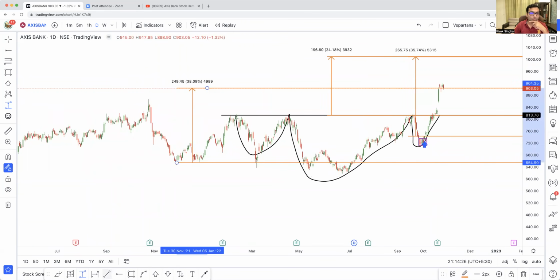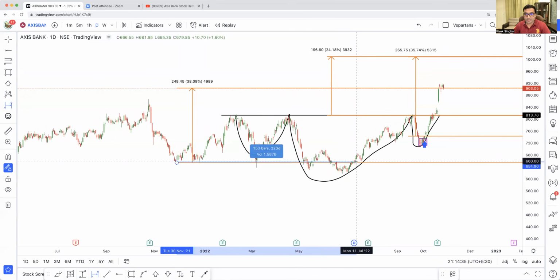Now, a lot of people could be saying, Vivek bhai, this stock has done nothing. This stock has done nothing from here to here. The technical target time period is, let me measure, from here to here, the same level, 220 days.